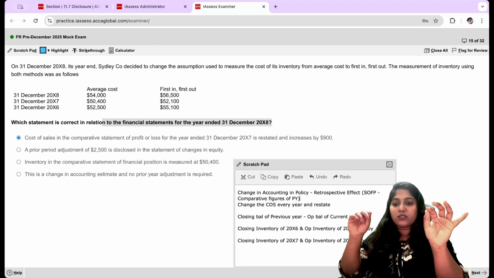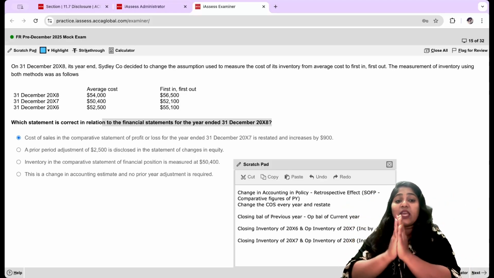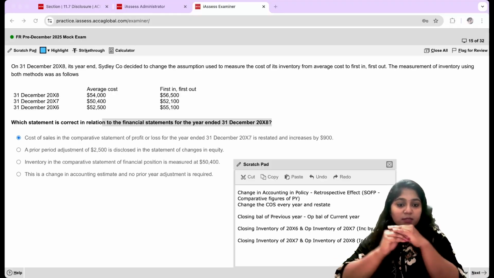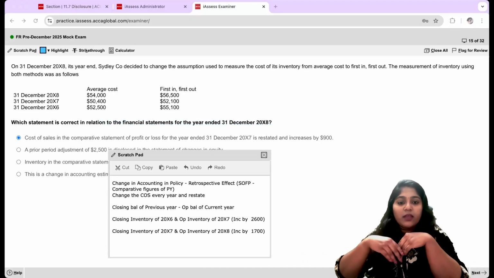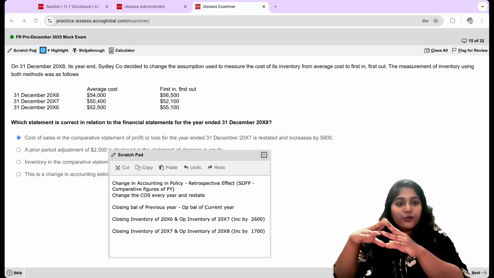That's the reason the option is A. And clearly if you look at option D, this is a change in accounting estimate, so no prior period adjustment is required. A change in accounting policy requires what? It requires the changes to happen with retrospective effect.